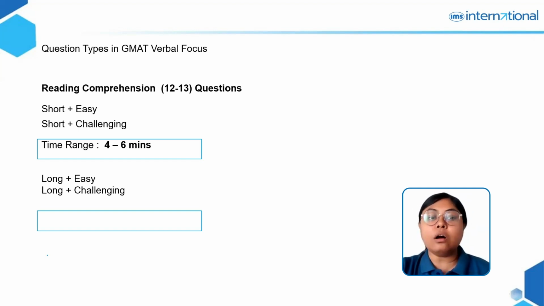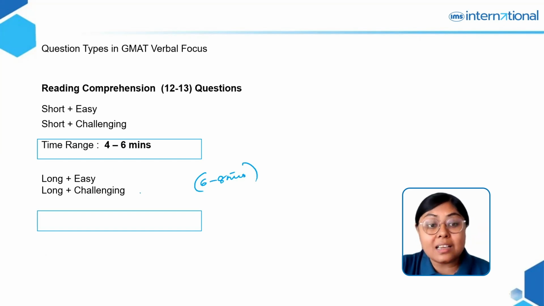Similarly, when I talk of a longer passage, some paras can be long but pretty easy to read. The story just flows, and the options might be very easy to select, with not much deliberation needed. This is where a range of 6 to 8 minutes makes sense, right? Because a challenging RC might take you around 9 minutes.